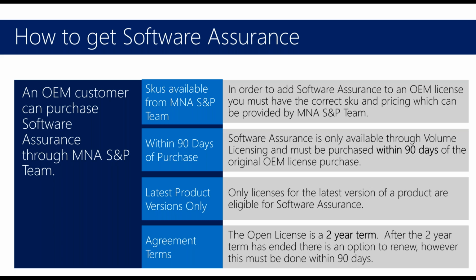The software assurance needs to be purchased within 90 days of purchasing your Microsoft OEM license, and it's only sold for the latest version of the Windows Server edition. The software assurance is a 2-year license, so it needs to be renewed every 2 years and at latest 90 days after the passing of the 2-year term.